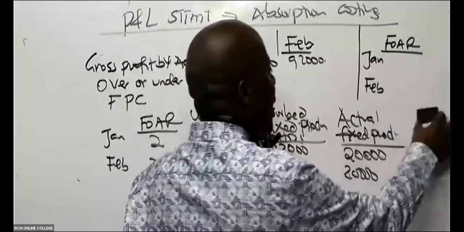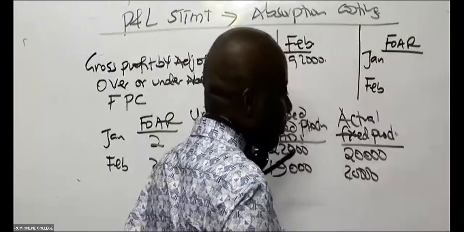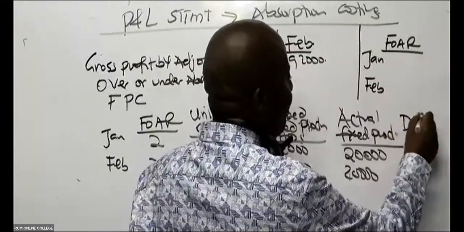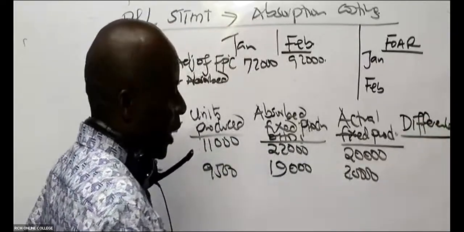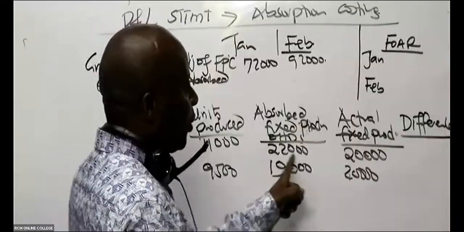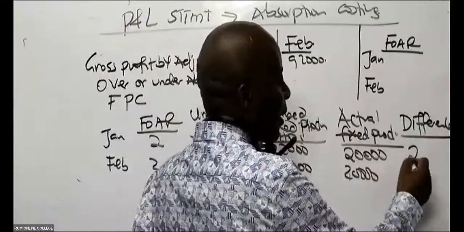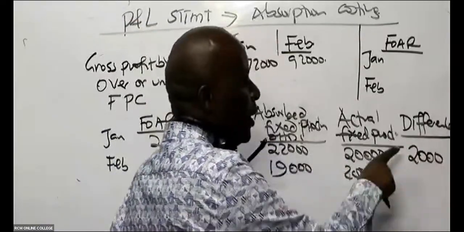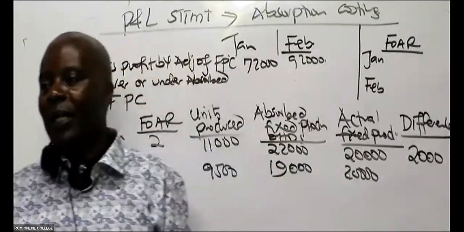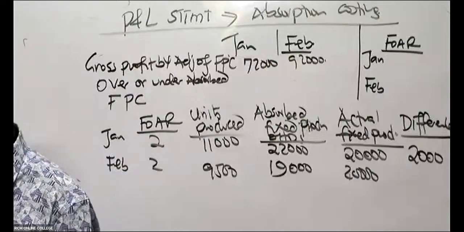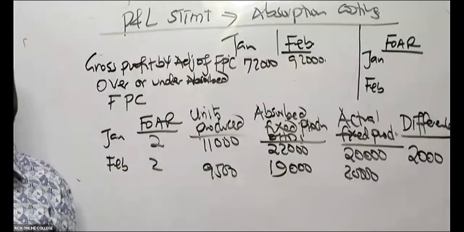So then come here and give me a column for difference. So 22,000 minus 20,000, that gives me 2,000. Is this over absorbed or under absorbed?